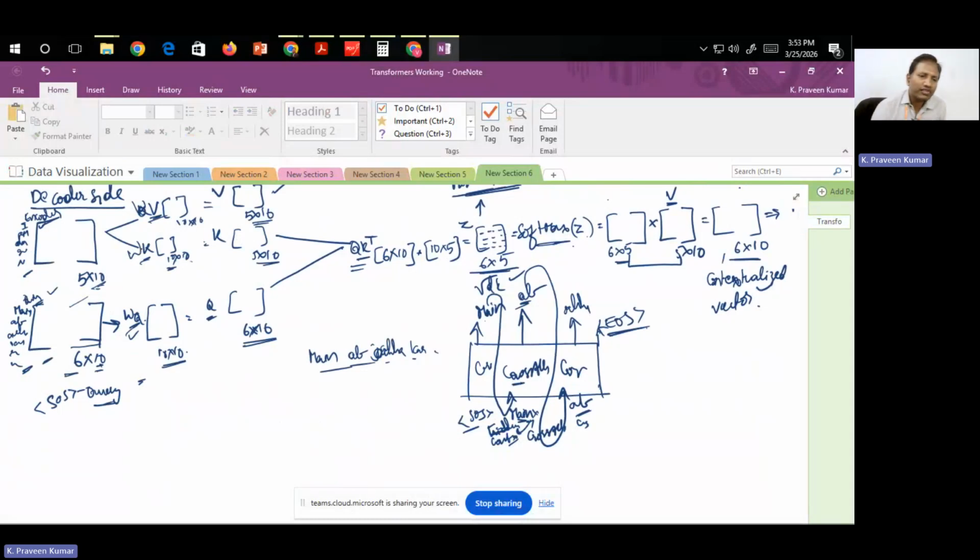The size is also a very large dimension. Here I took a simple example with 10 dimensions, but this dimension can usually be 700, or 1000 or 2000. Now they are using 4000. So the matrix size is going to be very big. Even the sentence I took here is a 5 word sentence, but it can be a large sentence.